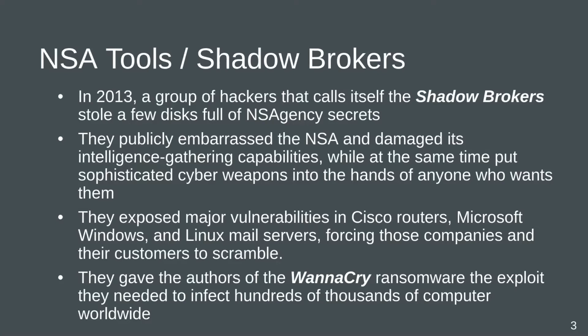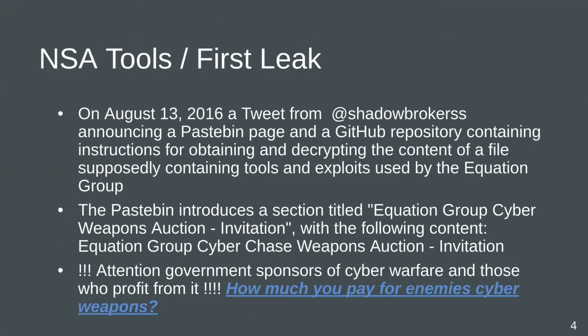So how did this actually happen? Well, it happened in stages, and the first leak of information was on August 13, 2016, or as we say in the UK, the 13th of August. And a tweet was announced, a Pastebin page and a GitHub repository containing instructions for obtaining and decrypting the content of a file.